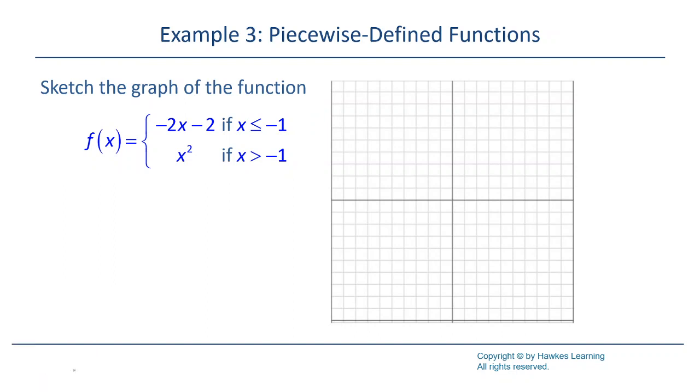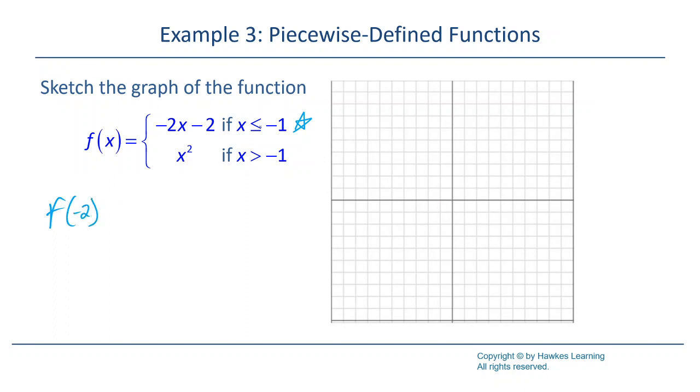So here's what I'm going to do. I'm going to indicate the first part is this kind of cyan light blue color. So notice I have to be less than or equal to negative 1 for this to work. So here's negative 1. Let's plug in f of negative 2 just to get a value.